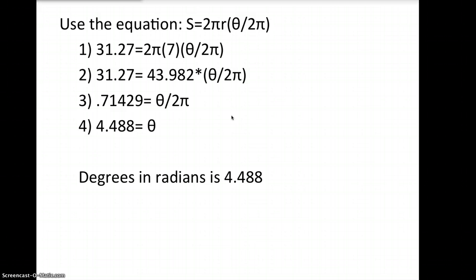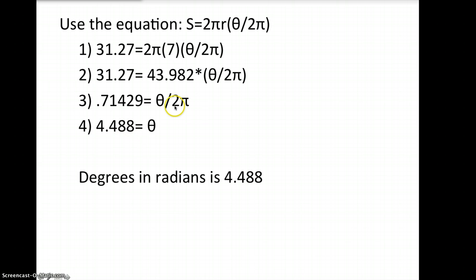Then we're going to divide 31.27 by the 43.982, which cancels on the right side. So you get 0.71429, and that equals theta over 2 pi.